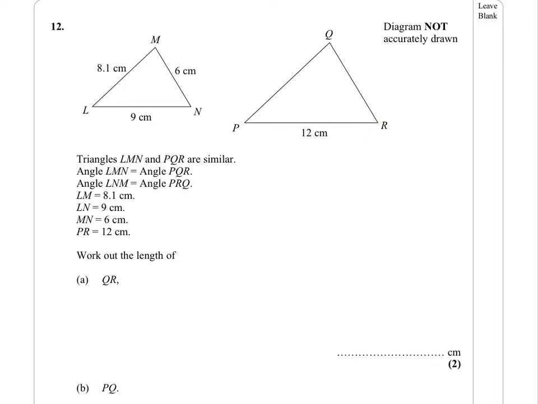So first thing you've got to do is work out the scale factor. What equivalent lengths have we got? We've got the 12 on this one, which relates to the 9 on that length. So to work out what 9 has been multiplied by to get to 12, you do 12 divided by 9, which is 4/3. So our scale factor is 4/3.